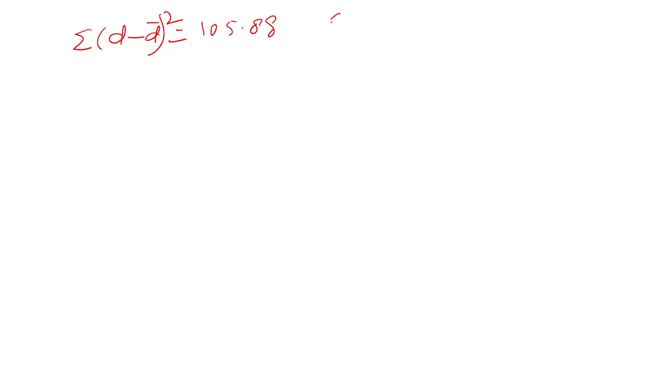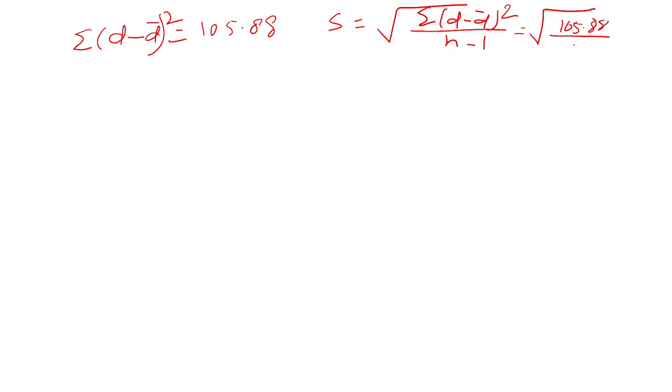Okay. So now S will become the square root of the summation of D minus D bar whole square upon n minus 1. It became 158.8 upon 12 minus 1, which is 11. It came to 3.1.